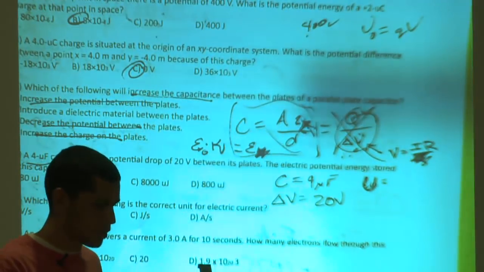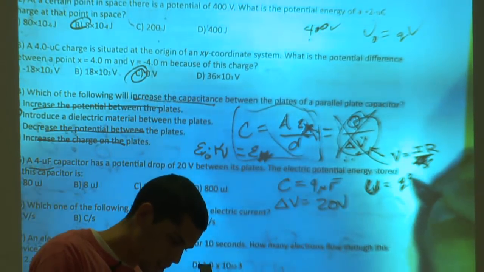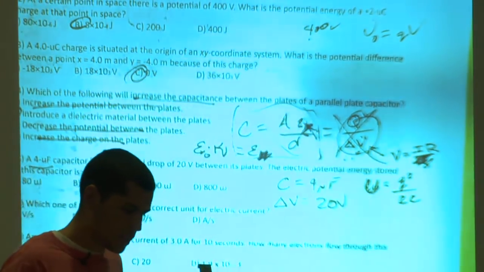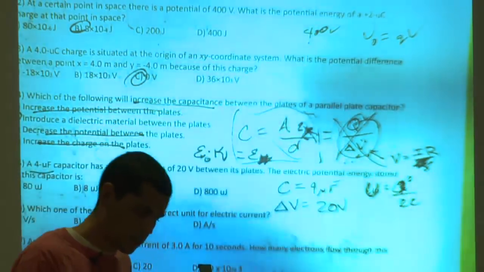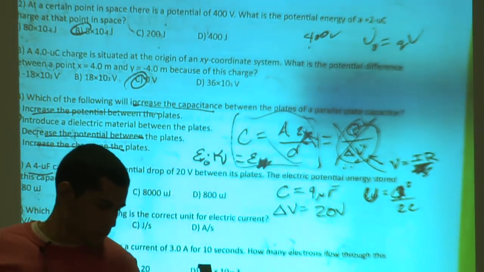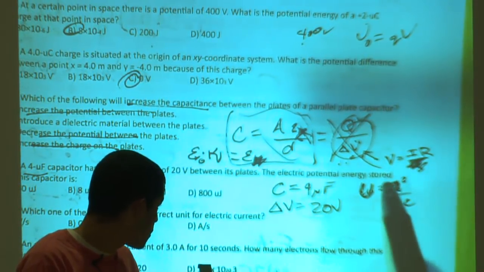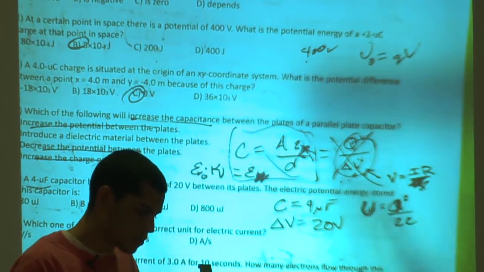Who knows the equation? U equals Q squared over 2C. Let's do big Q, right? For this problem, we have to use these two values to find Q, which we can do with this up here.